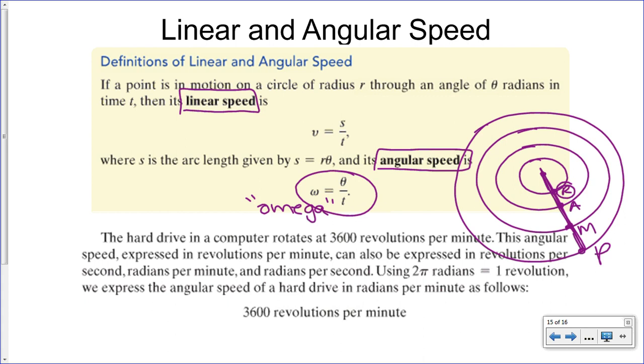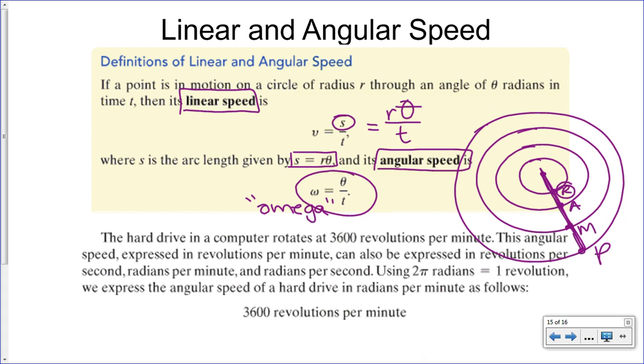All right. Now, to look at the linear speed, I want you guys to do the following. This S, I want you to substitute it with the formula for arc length, which is right here. So you should have something like, instead of S, we will have r theta over t, just like that. That's all I did. I just changed the S for r theta.